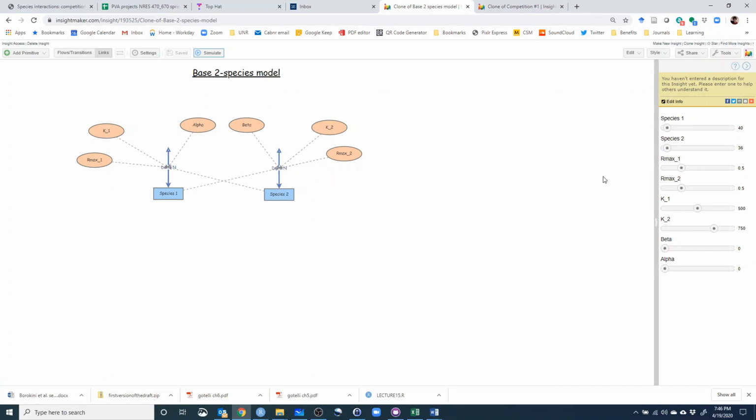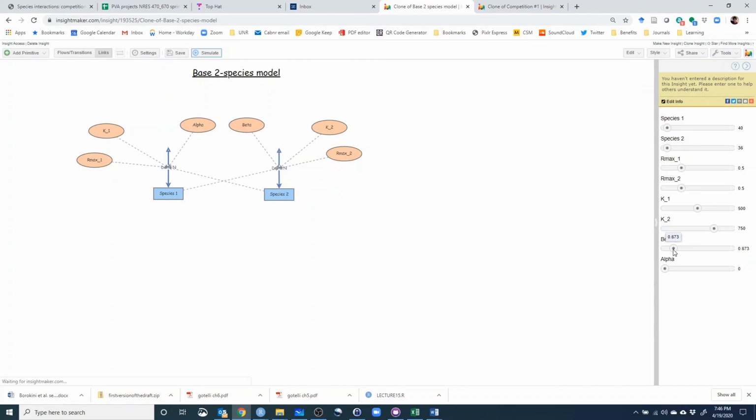One of the main questions that we ask in almost any species interaction model is about stability. Are the species able to coexist? Does one species outcompete the other? Can this system sustain both species? So let's look at that.